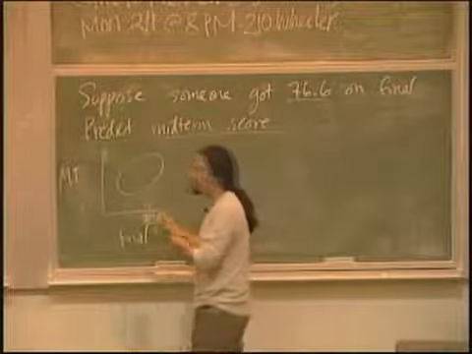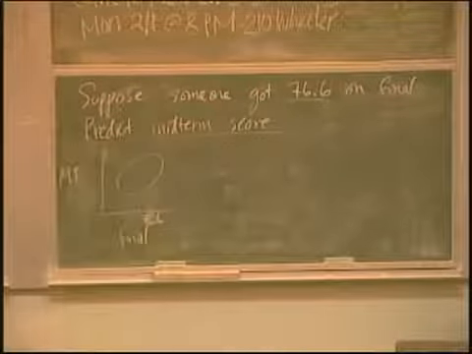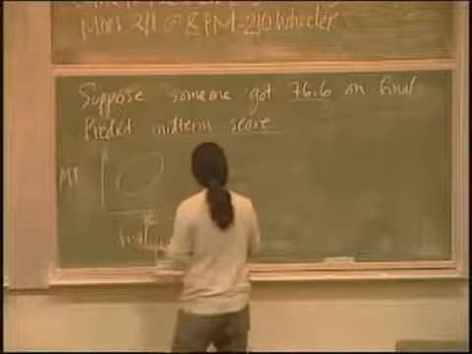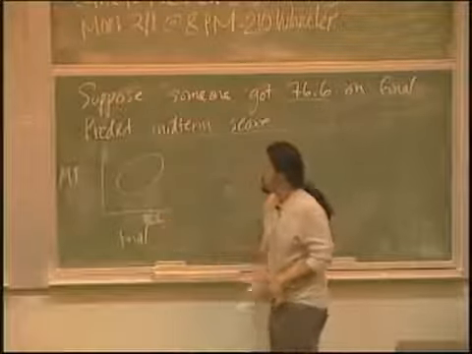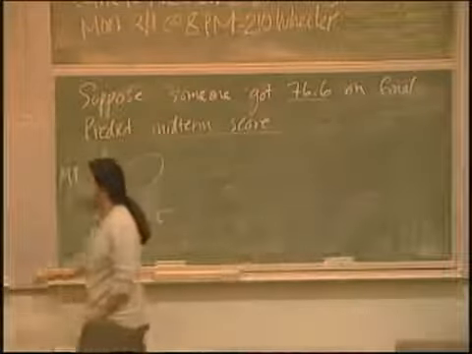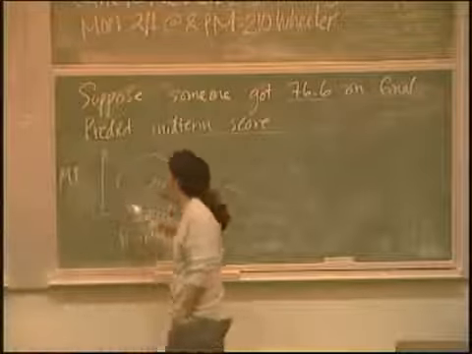We have to go through the same steps that we would have in the other direction. So what we're going to do is convert to standard units, multiply by r, and convert out of standard units again. So 76.6, we actually know in standard units it's 0.6, right? If we convert this back into standard units, we're going to get 0.6. But then we're going to multiply by r again.